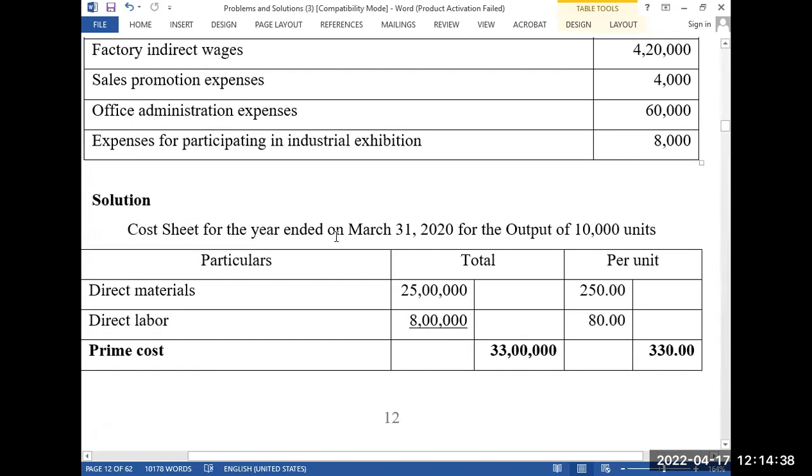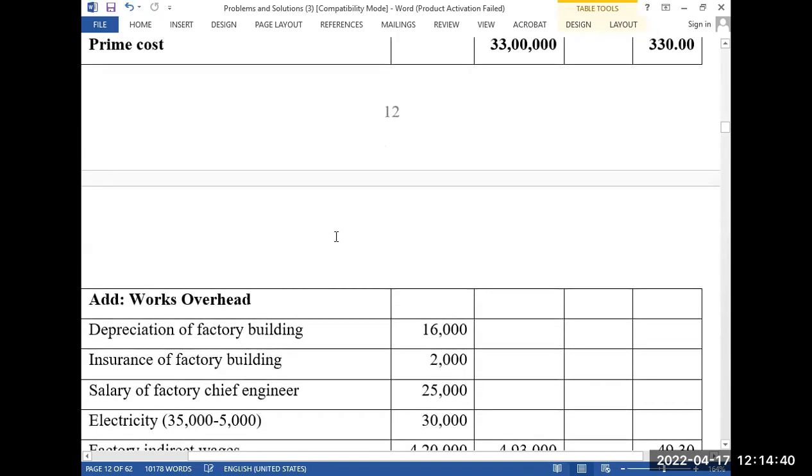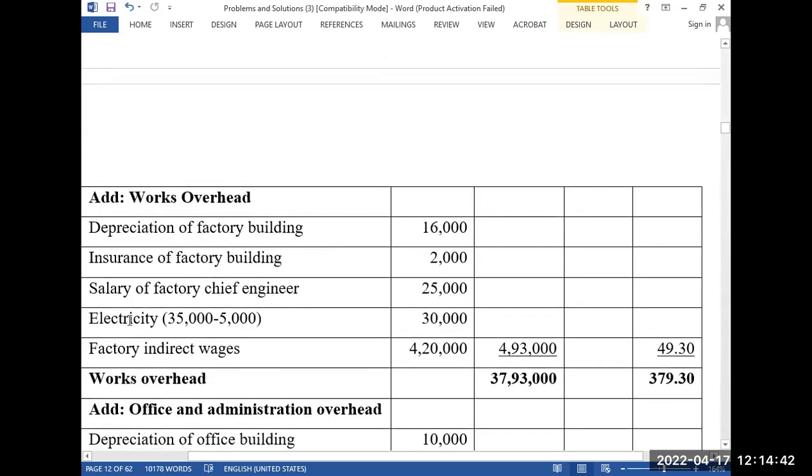Factory indirect wages 4,20,000. So total is 4,93,000 divided by 10,000 is equal to 49.30. Works overhead per unit is 49.30 if we produce 10,000 units.